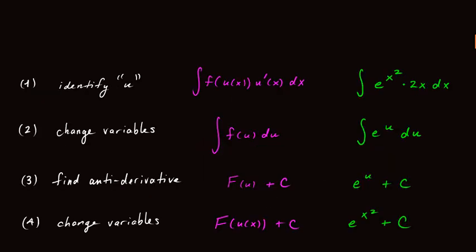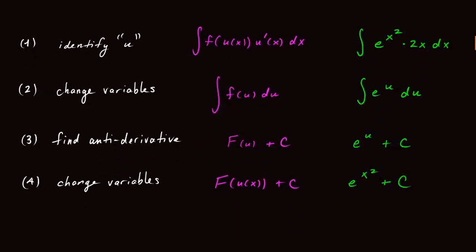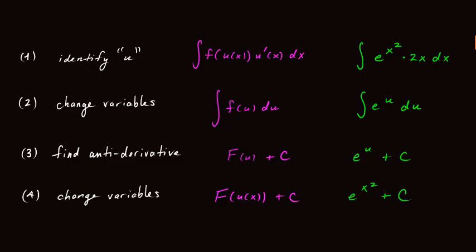So let's see how this works, the method of substitution. Here are the 4 steps involved in the method of substitution. Just as in the previous video, we're going to have this. And what we know is that an antiderivative of this is given by F of u of x, where capital F is now the antiderivative of little f.